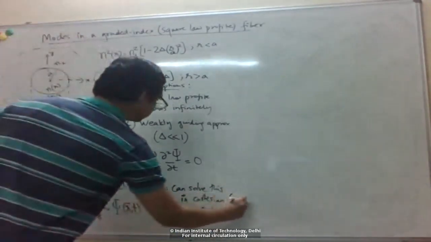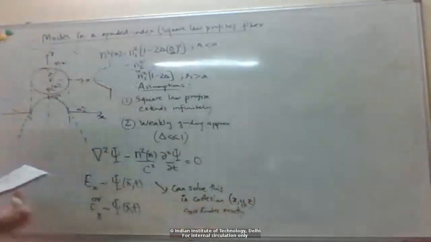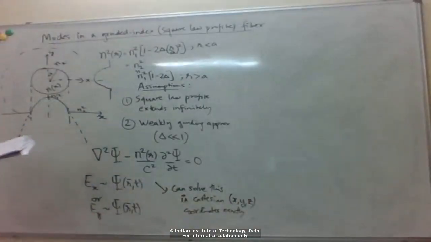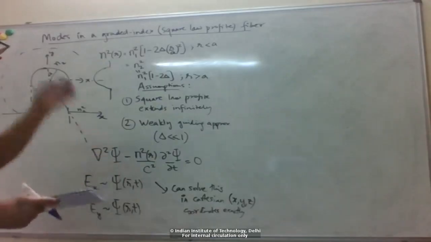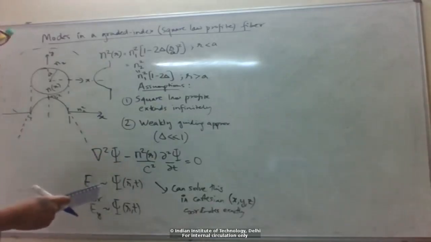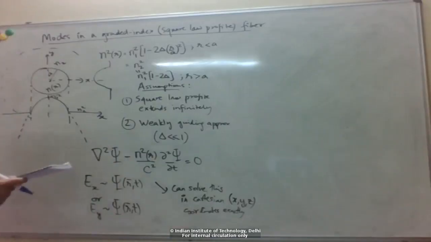So basically, we rewrite this equation in Cartesian coordinates. And one advantage of solving it in Cartesian coordinates is that we can generalize this to different types of fibers.